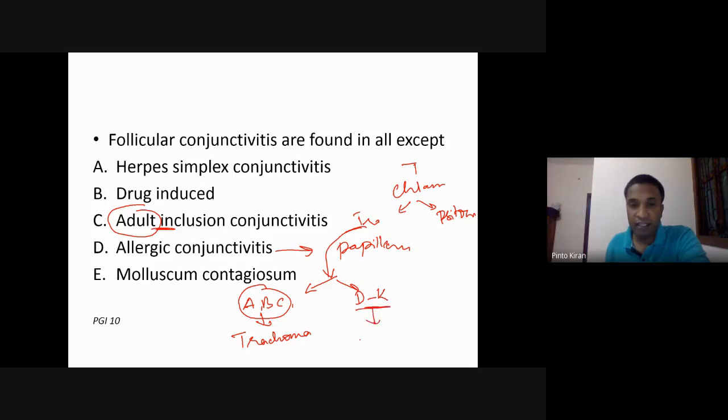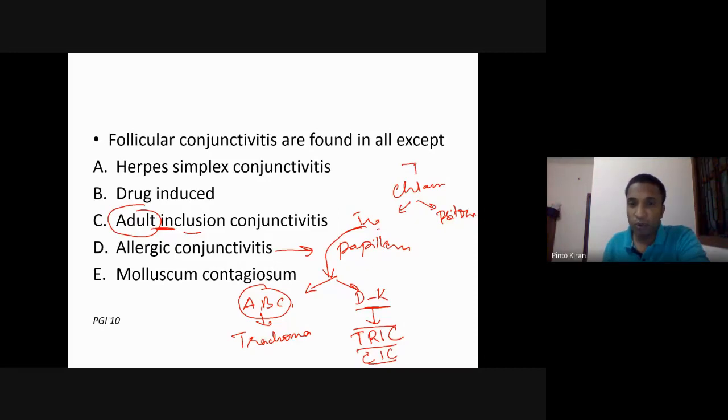Serotypes D to K will cause an acute conjunctivitis known as TRIC: trachoma inclusion conjunctivitis, or adult inclusion conjunctivitis, or acute chlamydial inclusion conjunctivitis. These are all the alternative names for this condition.